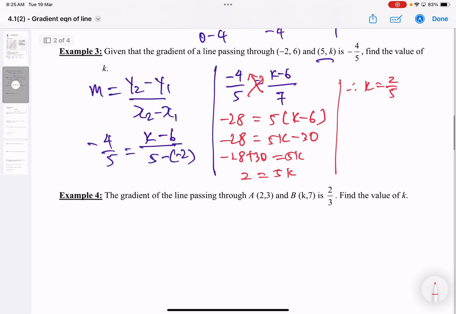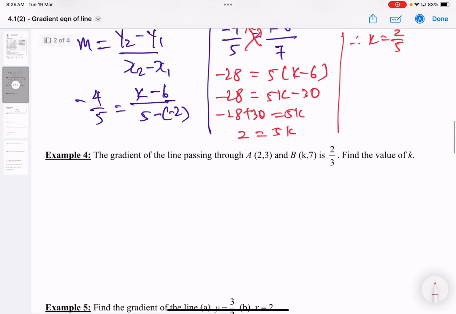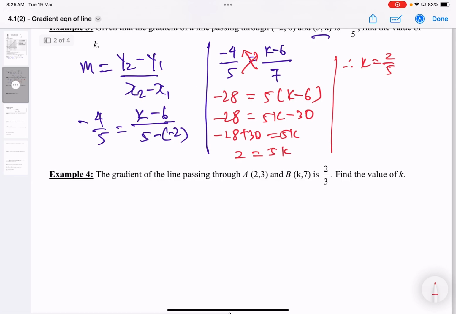Can you try by yourself example number 4? It is the exact same thing. I'm going to leave this example up over here, so if you are lost, you can refer to it. Try it. I will also write down my answers at the bottom.